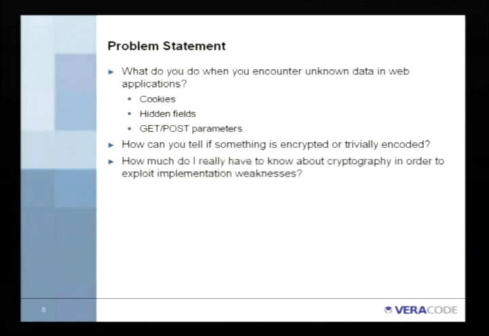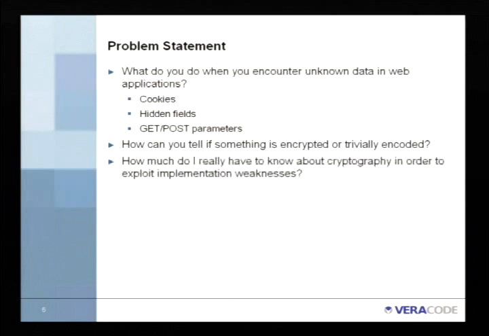What you really want to know is, is this something that I can even try to attack? Is this encrypted? Is this weakly encrypted? Is this just trivially encoded, and maybe it's something that I can easily reverse? Is it just a simple XOR with some static string? That's the main question we're trying to answer, so we can figure out whether to focus our efforts on this unknown blob, or to move on and find something else that's more appealing.